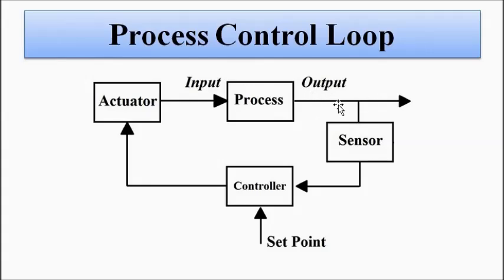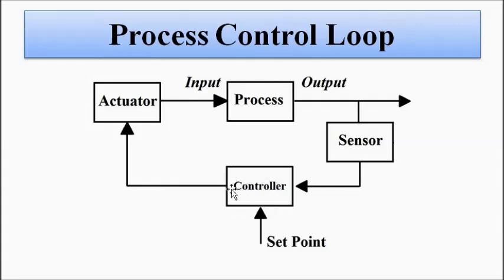Now this output which this block produces, the process output, is measured by a sensor. That sensor senses the output, measures it and gives it to a controller block. Basically a microcontroller is used nowadays.